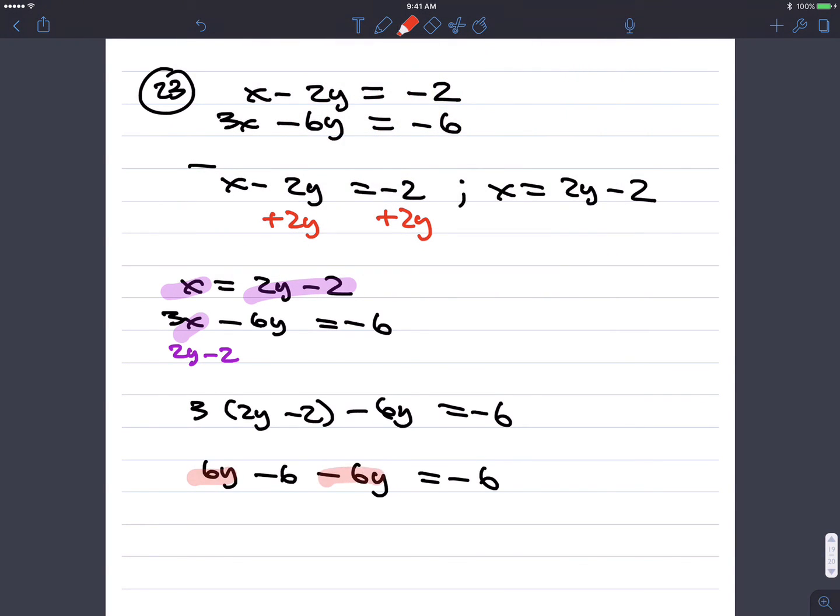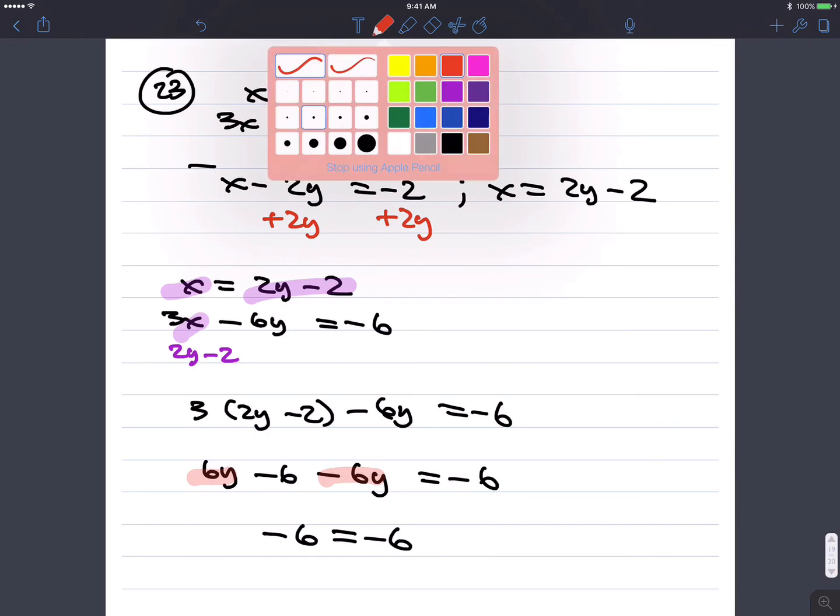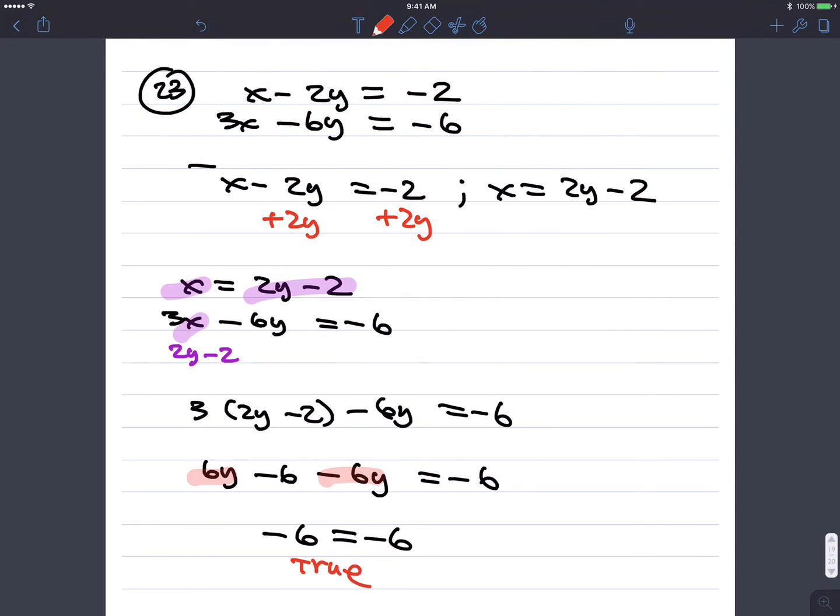We got opposites so that my y value goes away, and negative 6 equals negative 6. This here is a true statement. That means there is infinitely many solutions.